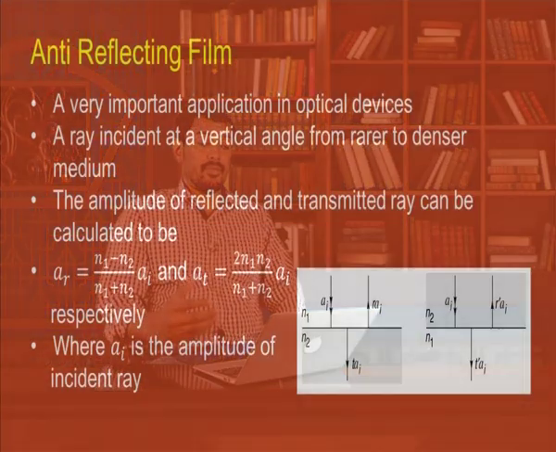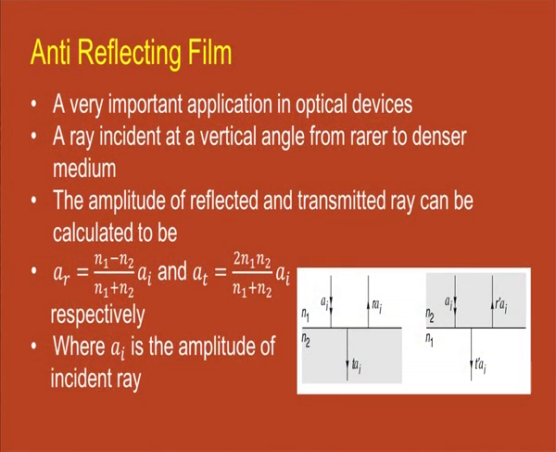Now, let us discuss anti-reflecting film. This is a very important concept in optical devices for day-to-day applications. A ray is incident at a vertical angle from a rarer to a denser medium.